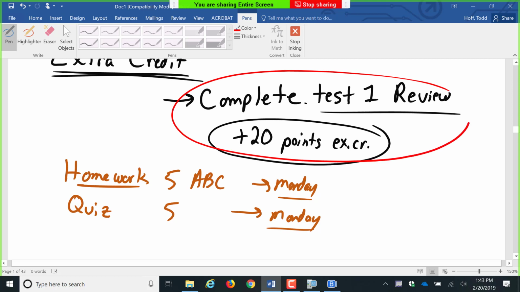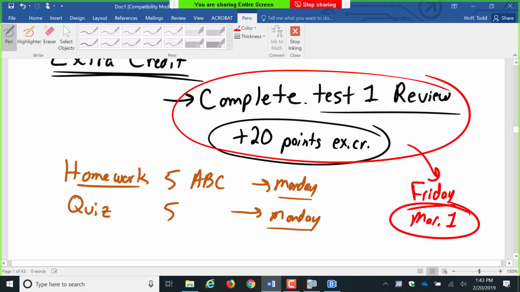So this extra credit for completing the test review, I will allow you to have until Friday, March 1st, I believe. So if you have that completed by Friday, March 1st, scanned and submitted, you can get up to 20 points extra credit. The test is 100 points? The test is 100 points. Okay.